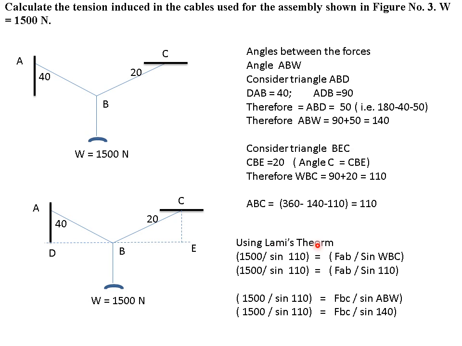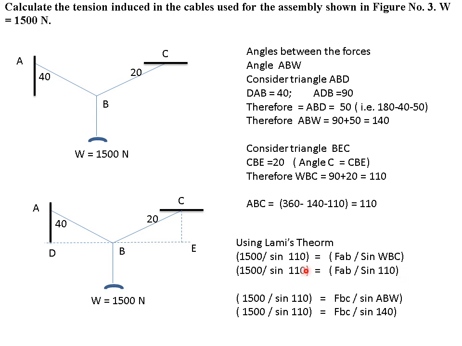Now here again you use Lami's theorem. By using Lami's theorem, 1500 divided by sine of 110 is equal to T_AB divided by sine of WBC. See, this is T_AB. I want T_AB, so the opposite angle will be this much, 90 plus 20, that is 110.